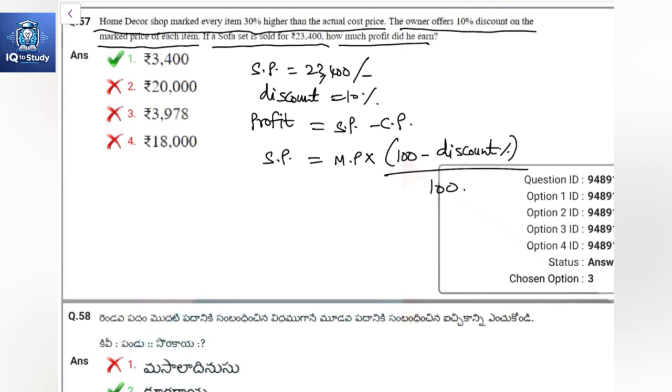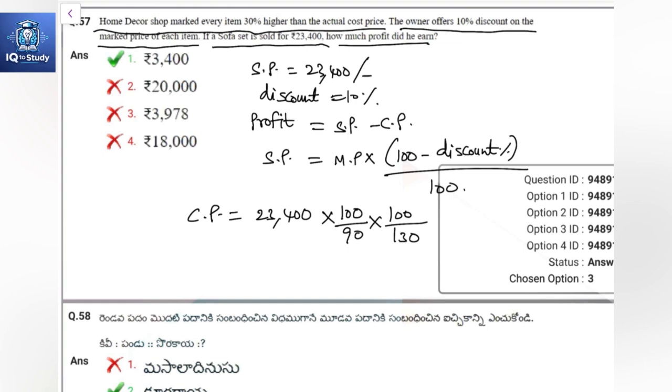According to the question, cost price is equal to 23,400 into 100 divided by 90 into 100 divided by 130. Because every item is marked 30% higher than the actual cost price, it becomes 130, and if the discount is taken, it becomes 90.